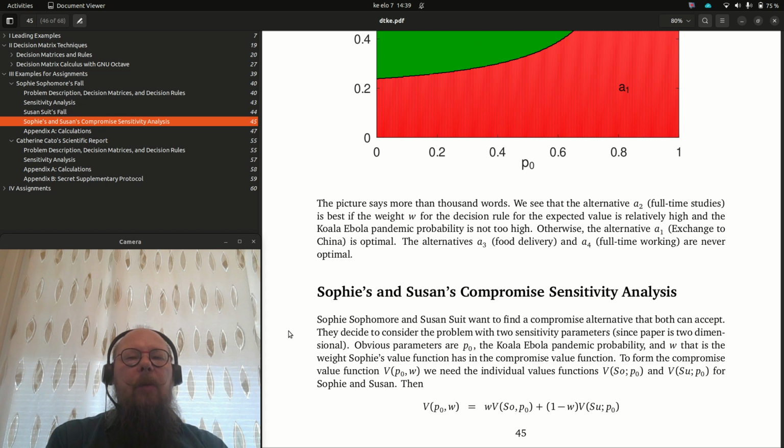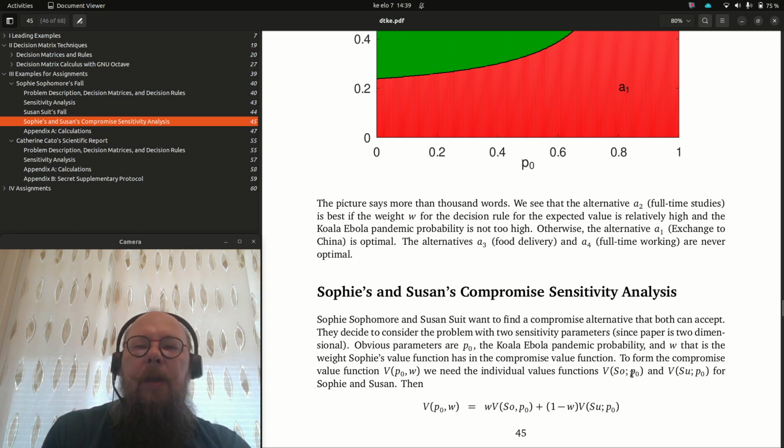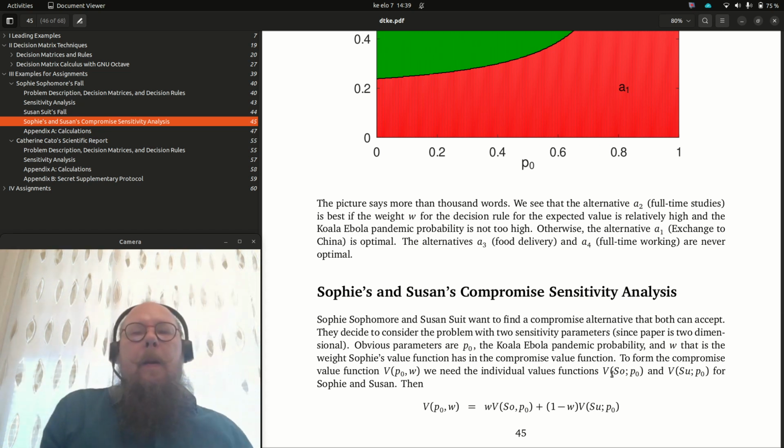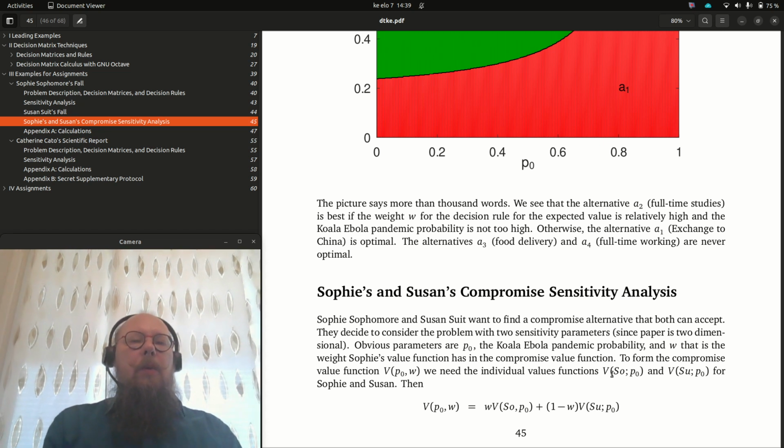So to form the compromised value function V(P0, W), we need the individual value functions V Sophie(P0) and V Susan(P0) for them both. And these depended already on W, which is a different W here, of course. So we have to remove the dependence on W with these individual functions.